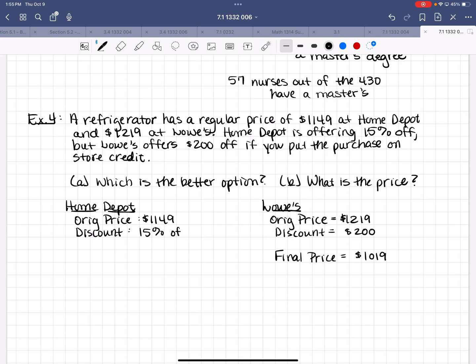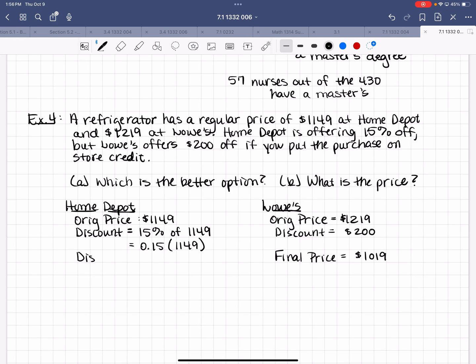The $1,149. Notice I said the discount is going to be 15% of $1,149. So let's see how much they're discounting that refrigerator. That means I turn this into 0.15, and I'm going to multiply that times $1,149.